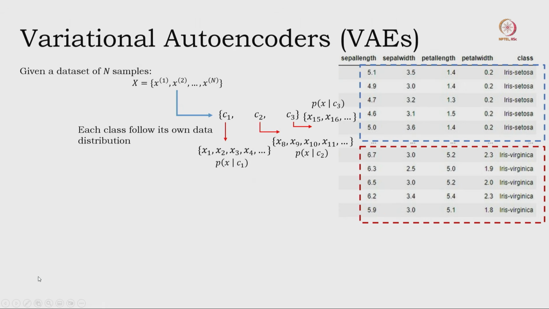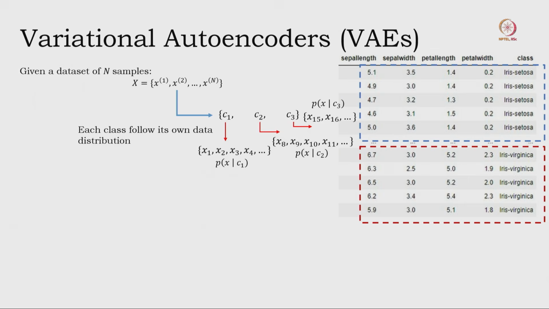So, in short, what we have understood is that there is a dataset with n samples, with so many samples. A few samples belong to one class, a few samples belong to a second class, and a few points belong to another class. Every set of samples belonging to one particular class will follow its own data distribution.